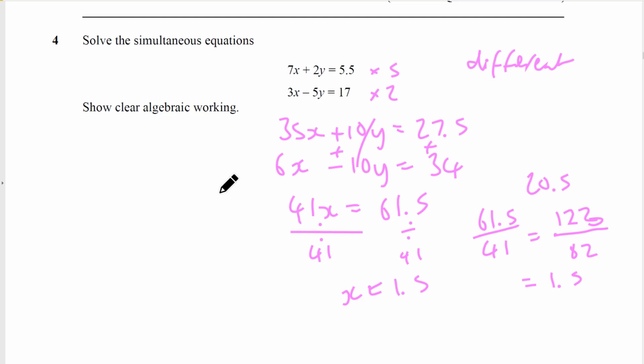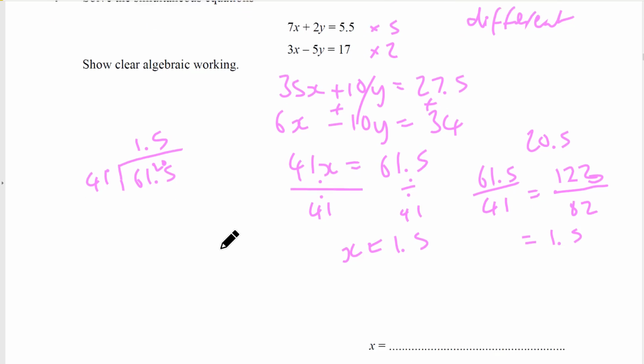Could you do that doing bus stop method? 41 into 61.5. That goes into that once, remainder 20. Oh, that's perfect, and it's 1.5. 41's going into 205. So x equals 1.5, which is the easiest one to do that.